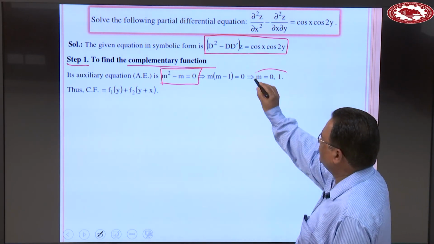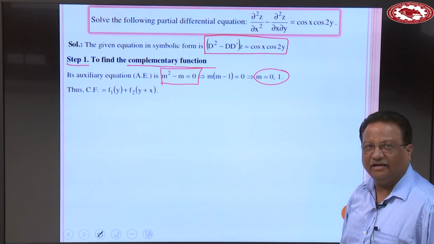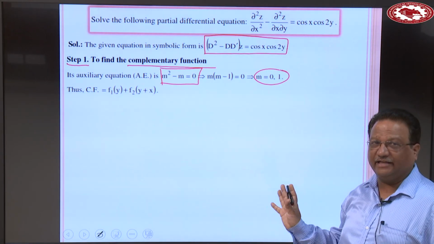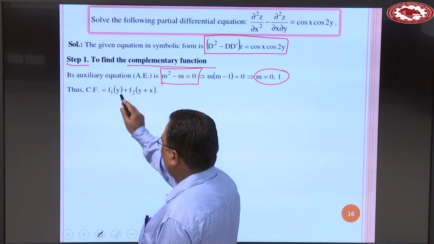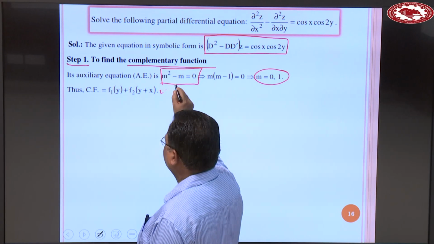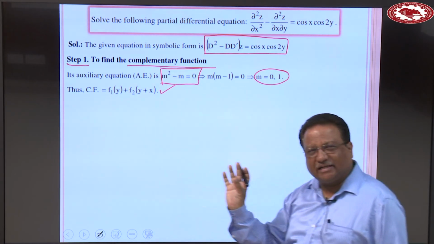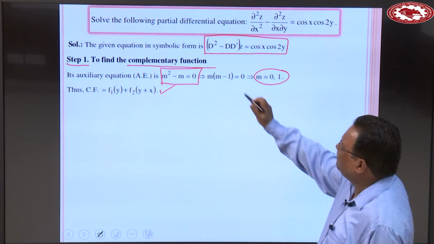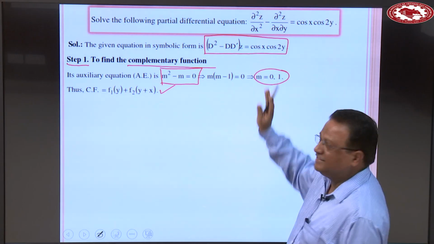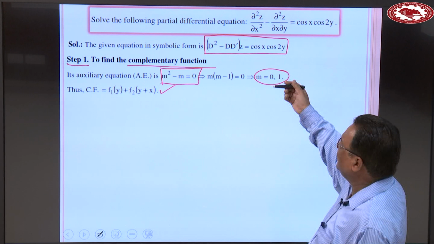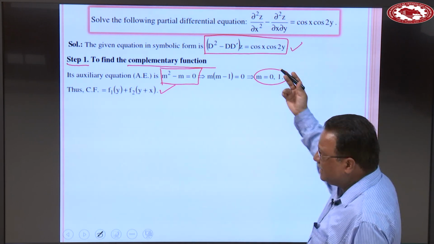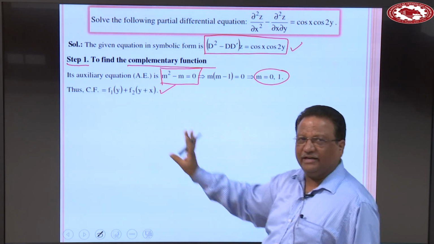So we get m is equal to 0 and 1, real and distinct. Clear? So the complementary function can be written as f1 of y plus f2 of y plus x. That one is the complete solution of D square minus D dash, z is equal to 0. Or in other words, if we are given this type of equation, then this one is the complementary function.